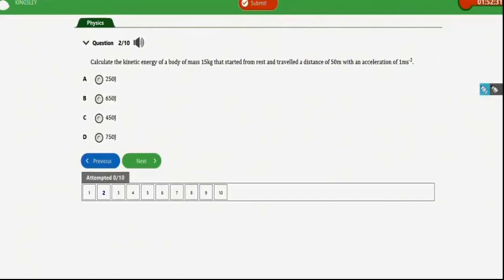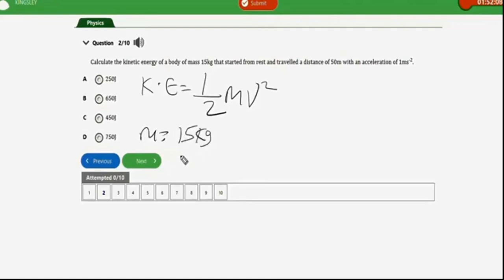Okay, now to solve this question, we know that kinetic energy KE equals half mv square. Okay, so in this question, I highly recommend you begin by getting out your parameters to know what you're working with. So we have the mass to be 15 kg.